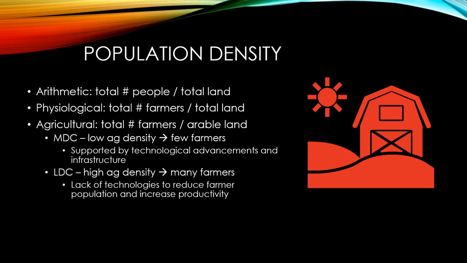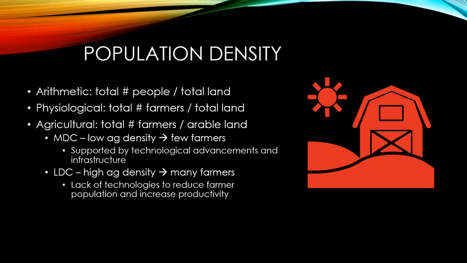If you're a country that has a lot of farmers and not much arable land, you're not going to be doing well. When we think about a country like Egypt, which has a limited amount of arable land because it's in a desert, if you're not around the Nile River, you're probably not going to see a lot of agricultural activity. So because the arable land is less, it will have a higher agricultural density.